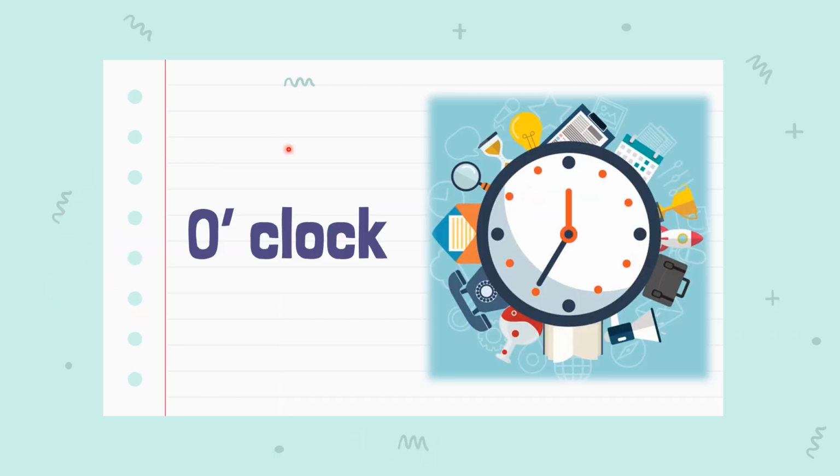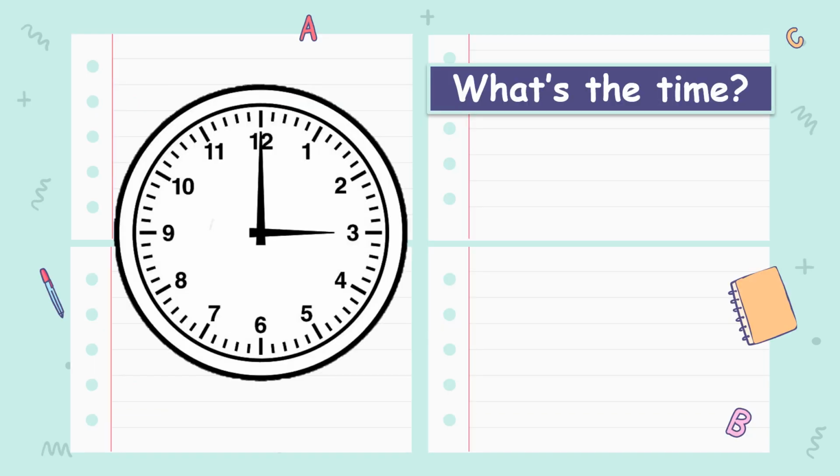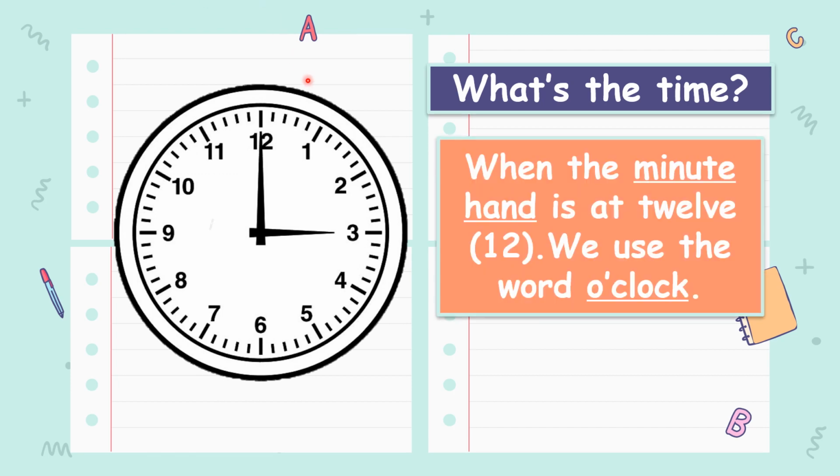Now we're going to learn about o'clock. What's the time now if you look at this picture? Okay, this is something very important. Please remember, when the minute hand, the long needle, is at 12, we always use the word o'clock.